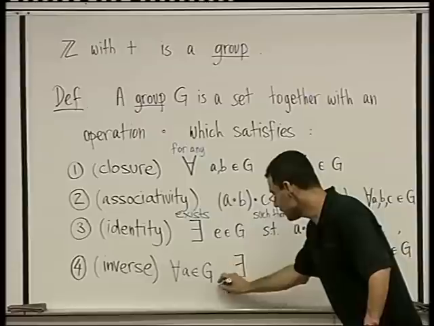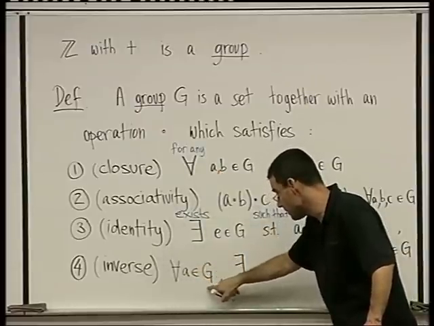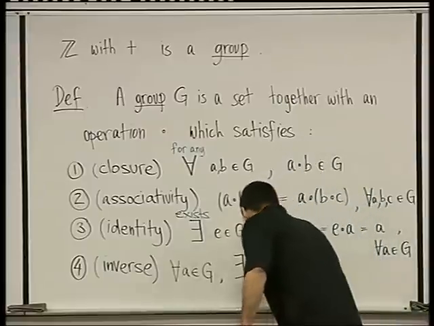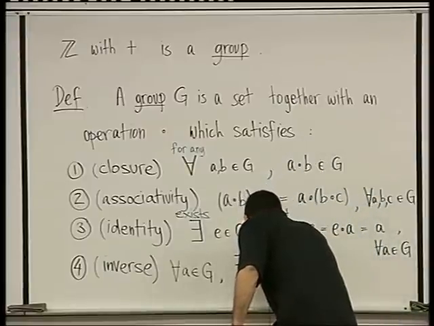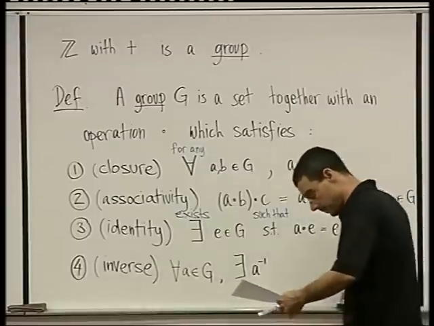For any A in G, there exists an inverse element which we denote by A to the minus 1 usually.